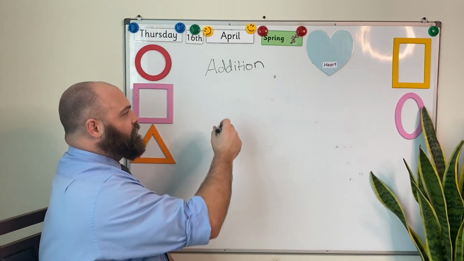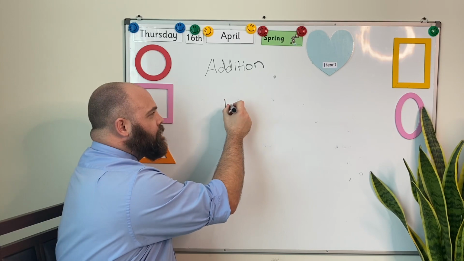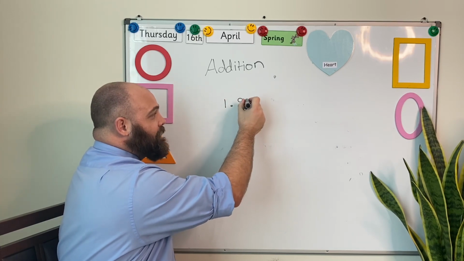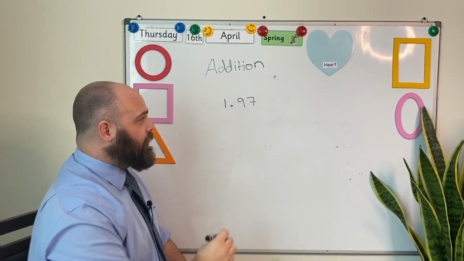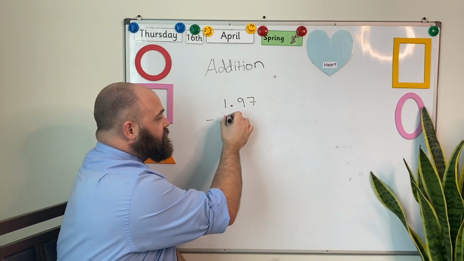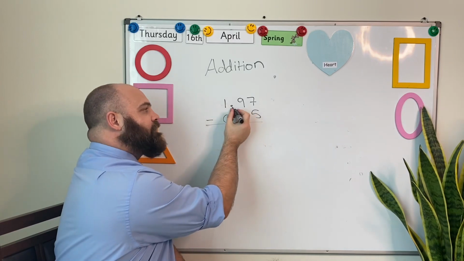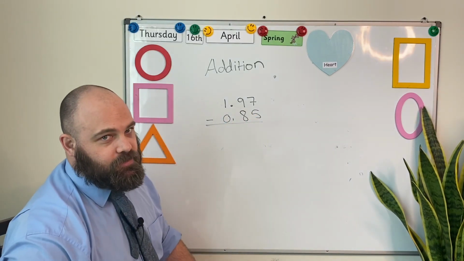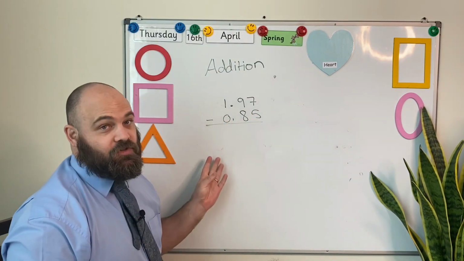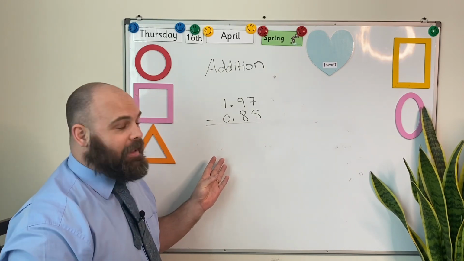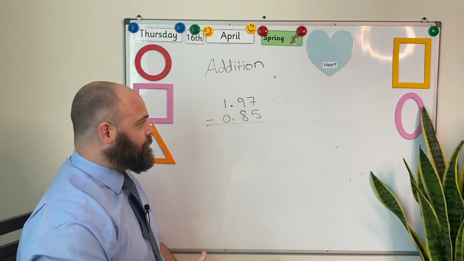If I had 1.97 and I wanted to subtract 0.85, you see that I've lined up my decimal points. Okay, and now this is going to work exactly the same as if I was subtracting any numbers.